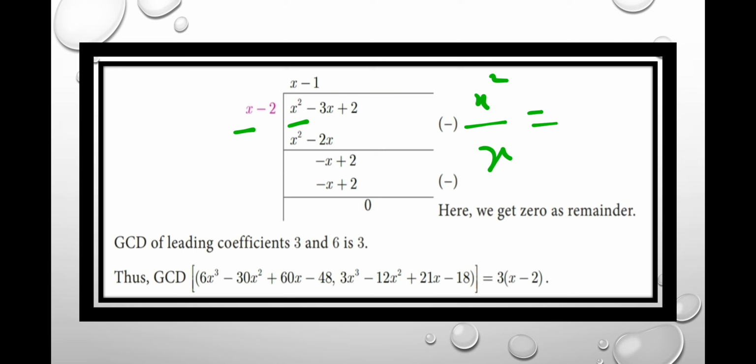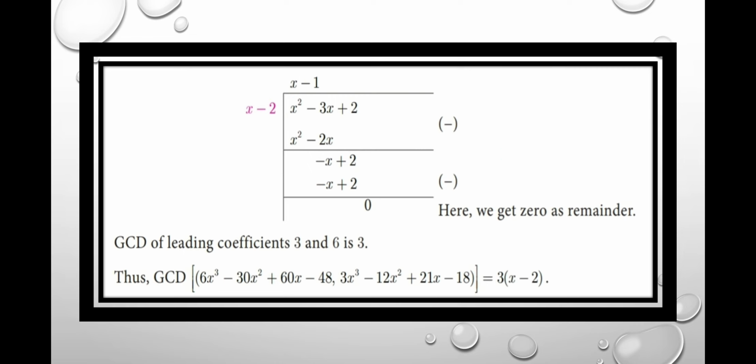Simplify this, what do you get? X gets cancelled. What is remaining? X power 1 is equal to x. So, write x here and multiply each and every term by x. X into x, x square, then plus into minus, minus x into 2, 2x, minus 2x.